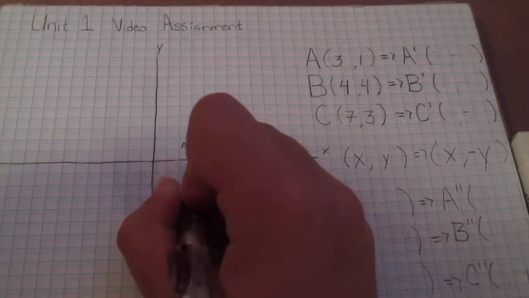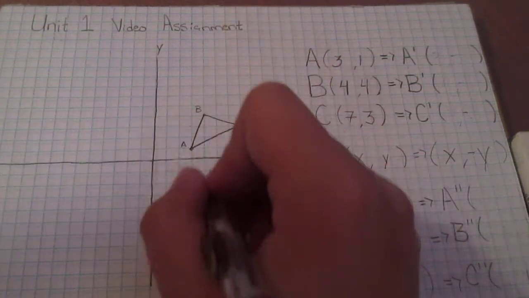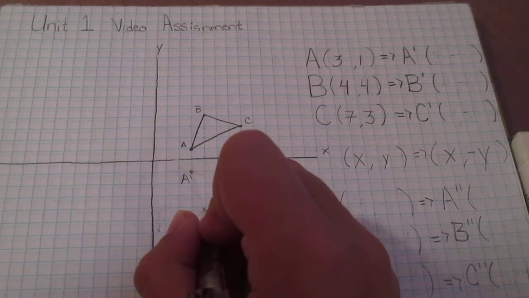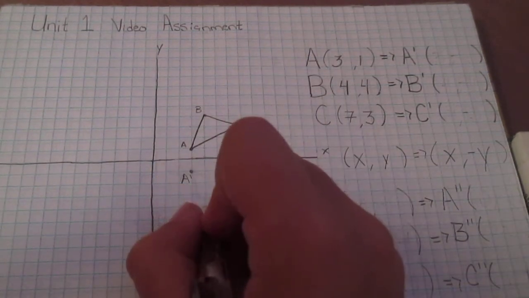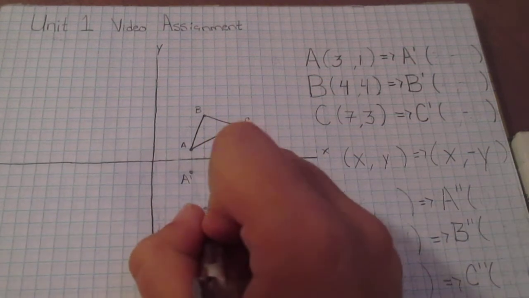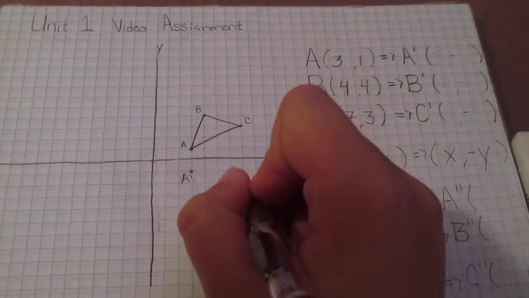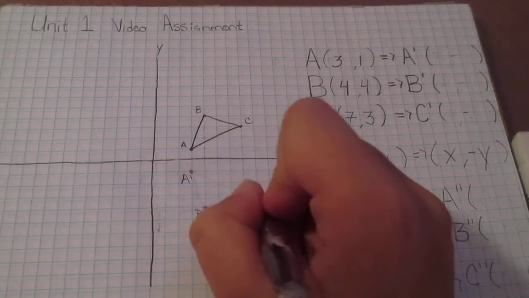This is going to be A prime, B prime, and C prime.